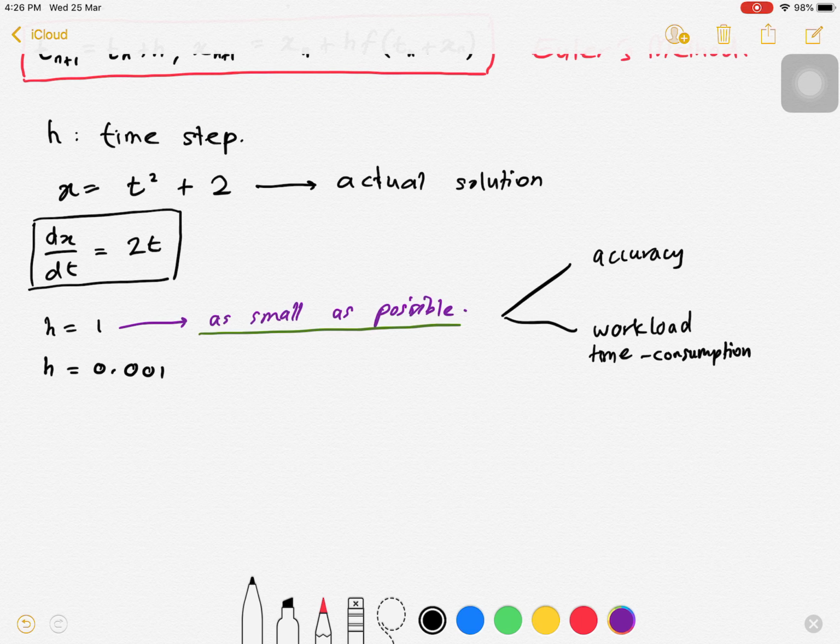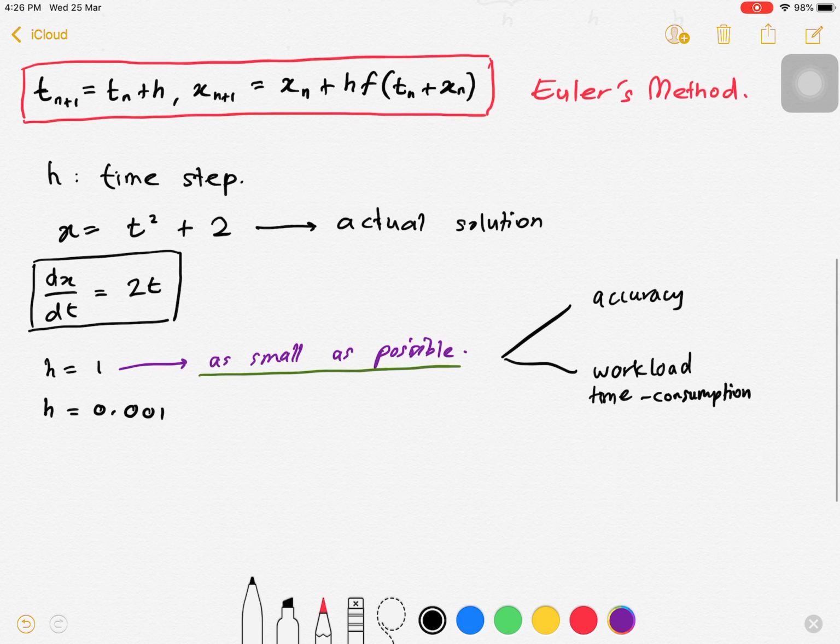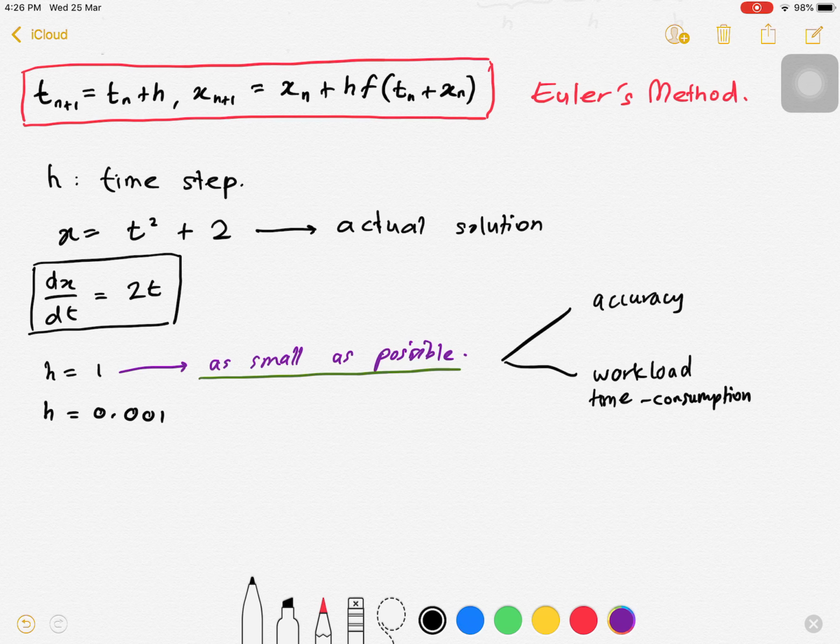Usually when we talk about numerical methods, we will use a computer to do the calculation, not doing the calculation by yourself. But even though we use a computer, when we choose a very small time step, the calculation or simulation process will be long. But when we use a big time step, the calculation or simulation process will be short.